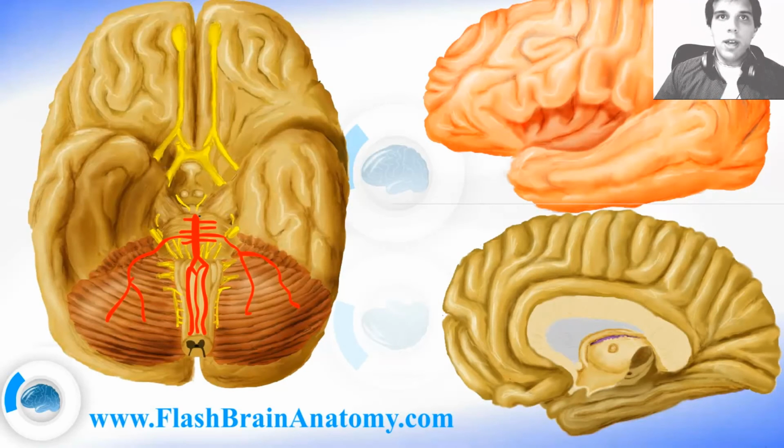There is also a superior cerebellar artery that goes above the cerebellum, up there between the brain and cerebellum, between the telencephalon and cerebellum here. Now we reach one very important artery called the posterior cerebral artery.